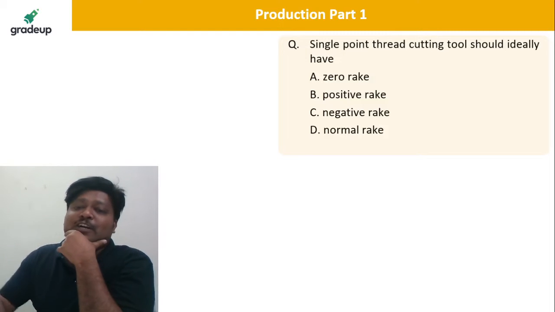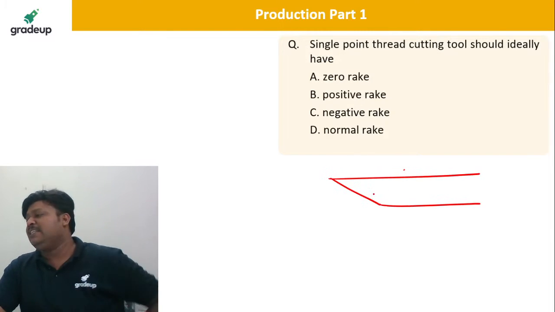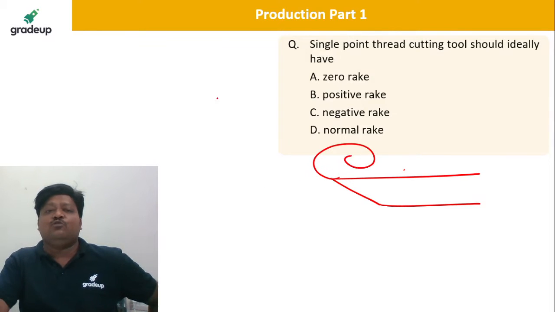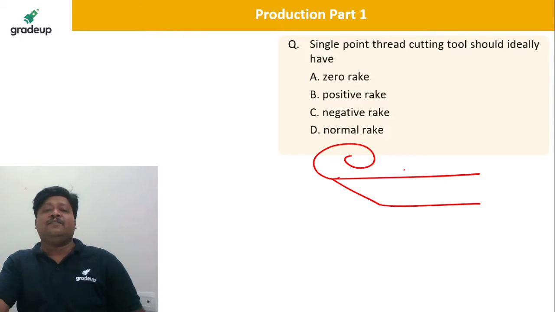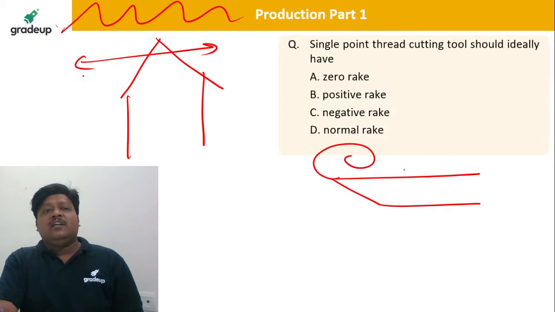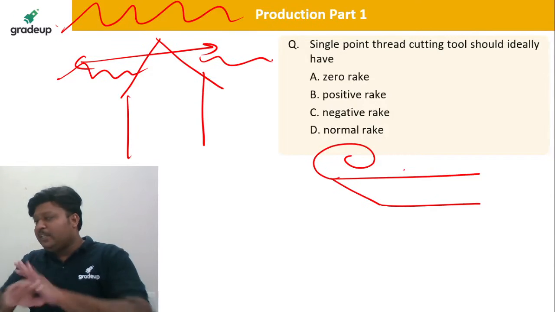A. So you are saying like this, that during the thread cutting I use this tool with the zero rake angle. That is quite okay. That is for our convenience we are using. We know what are the advantages of using the tool with this zero rake angle, so that the chip is lifting and it is curling down back onto the rake surface. So the chip is not moving along the side so that it cannot damage the produced thread, isn't it? That is okay.